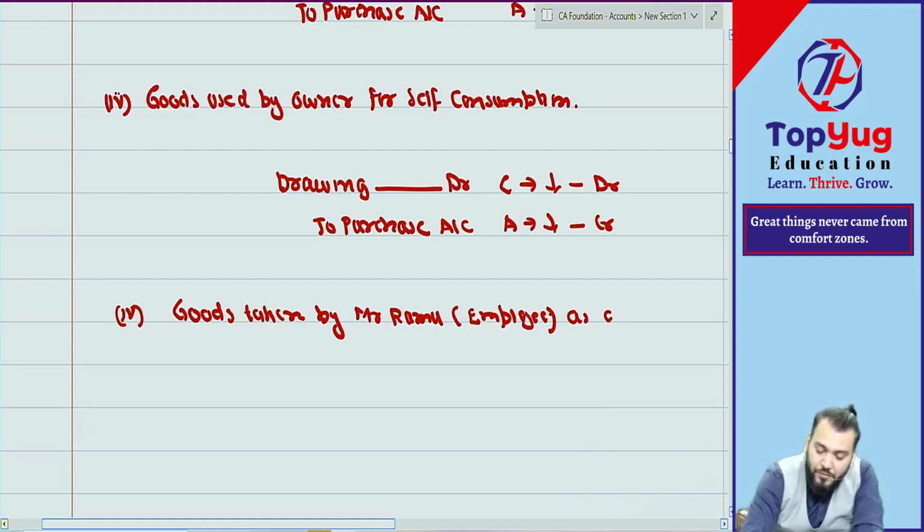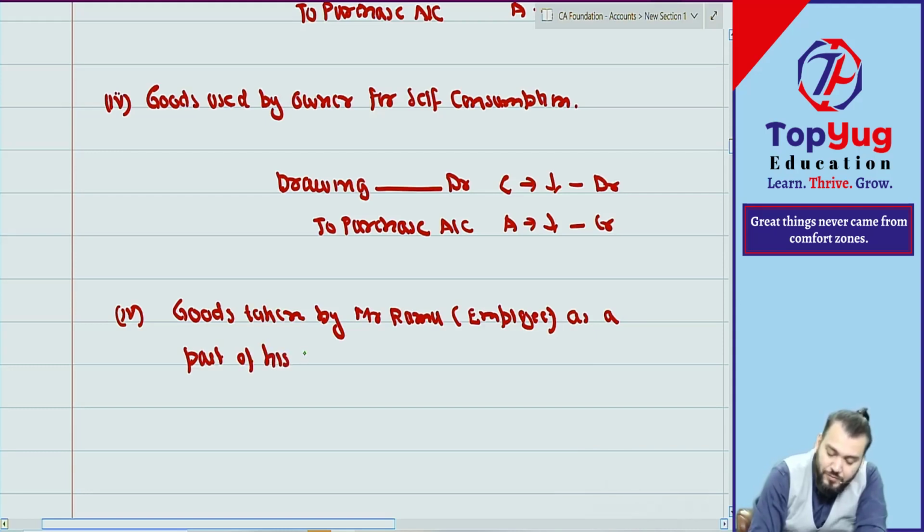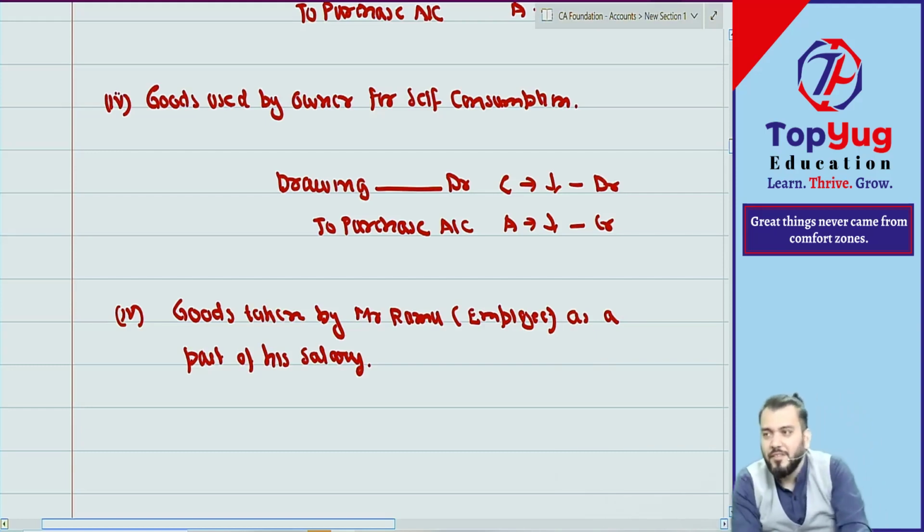Goods taken as a part of his salary. Understood? Means he has withdrawn some goods and that amount is deducted from his salary. Means now he will not be paid in cash, he is paid in kind.